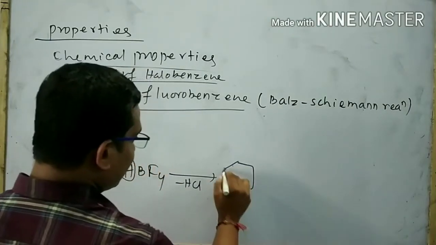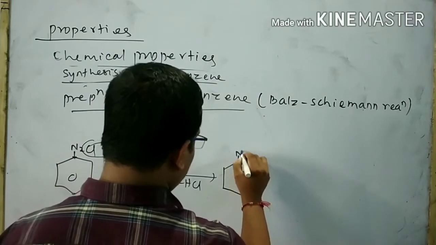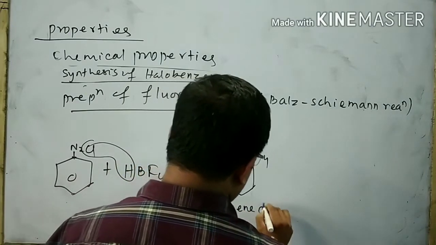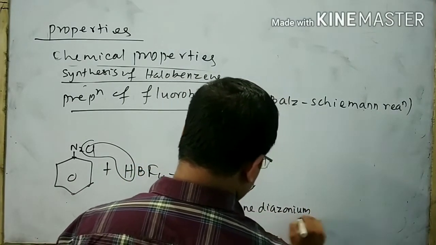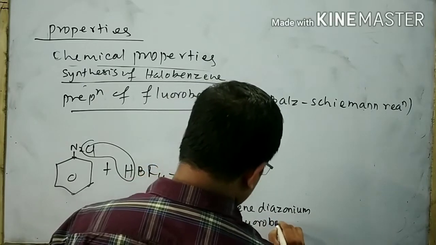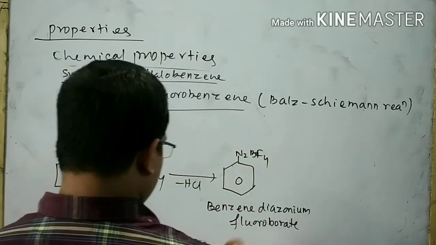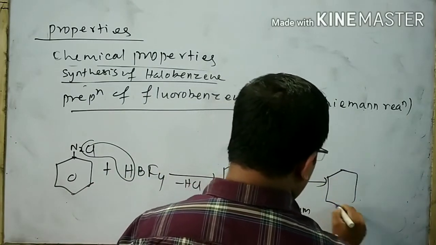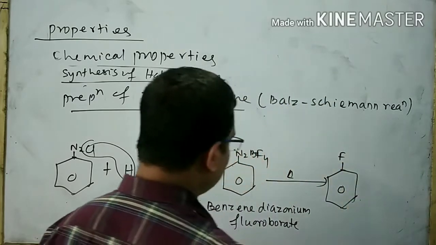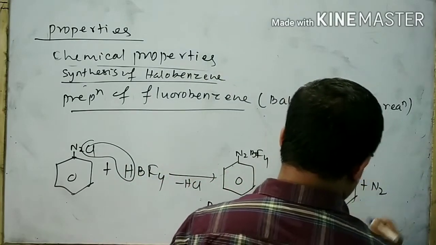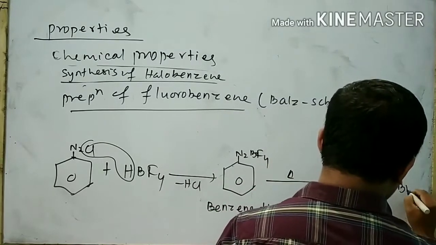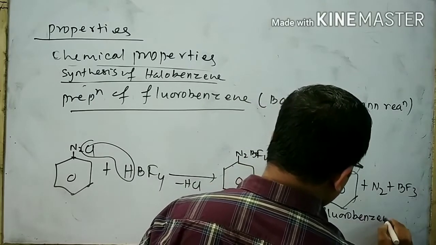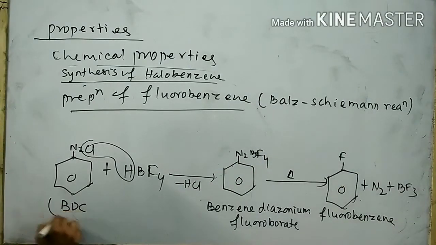Then fluoroborate is formed. That is said to be benzene diazonium fluoroborate. Now this is subjected to heating. Then what will happen? Fluorobenzene is formed with the byproducts nitrogen and BF3. This is said to be fluorobenzene. This is your BTC.